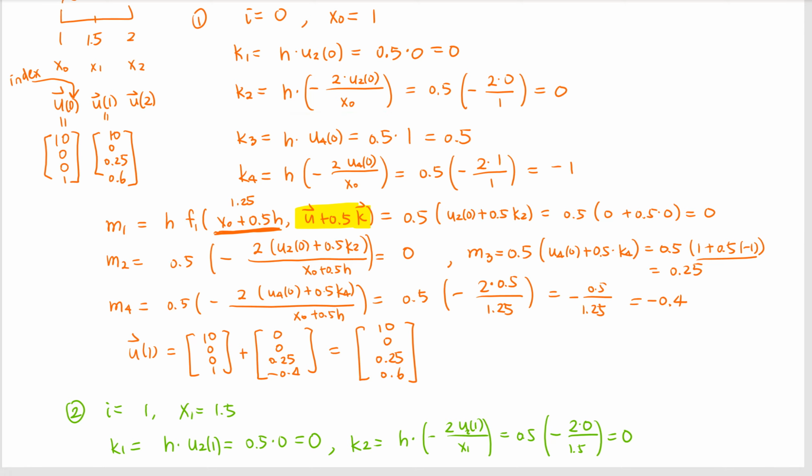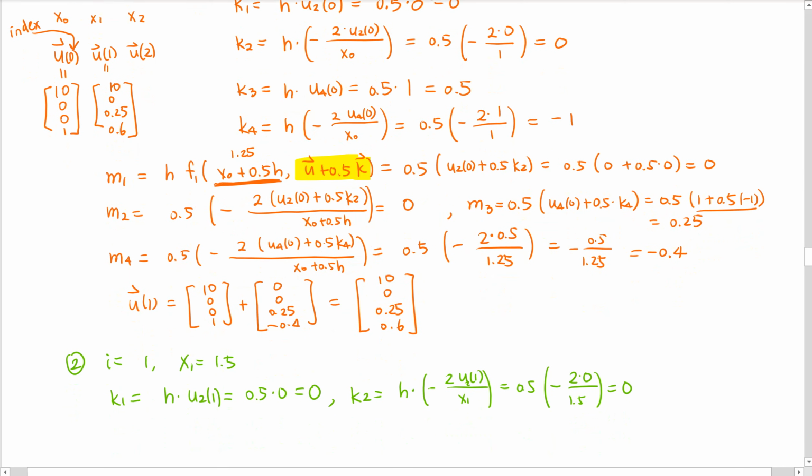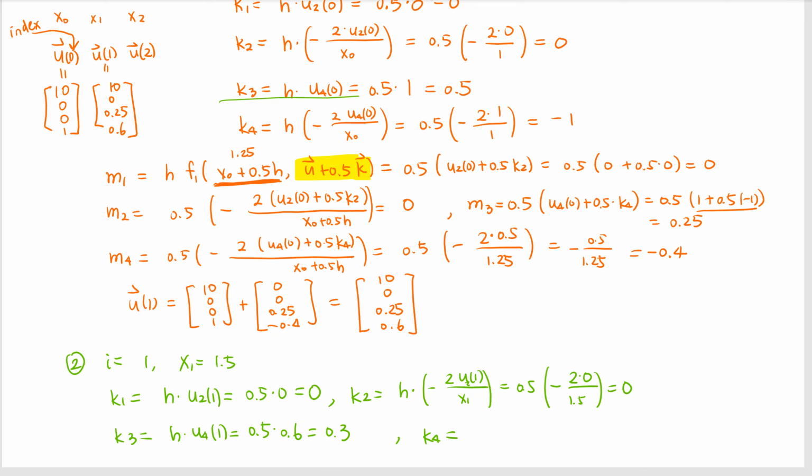And then K3 is the same formula, H times U4 of 1. H is 0.5, U4 of 1 is 0.6. Well, the answer is 0.3 because half of 0.6 is 0.3. And then K4, we're going to use this formula, increasing the index. So minus 2 times U4 of 1 over x1.